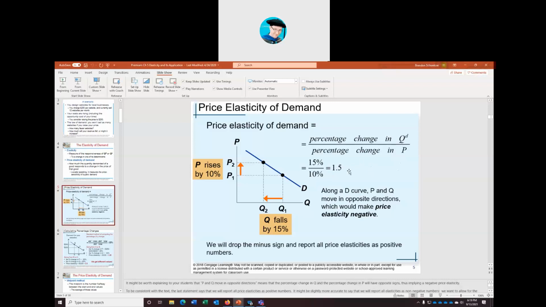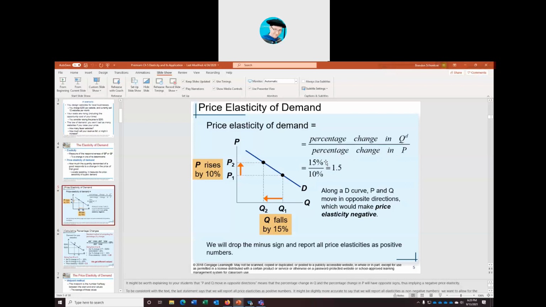So percent change, remember, is the new quantity minus the old quantity. Q2 minus Q1 divided by Q1. That gets you the percent change in quantity. The same concept goes for percent change in price. P2 minus P1 divided by P1 gets you the percent change in price.